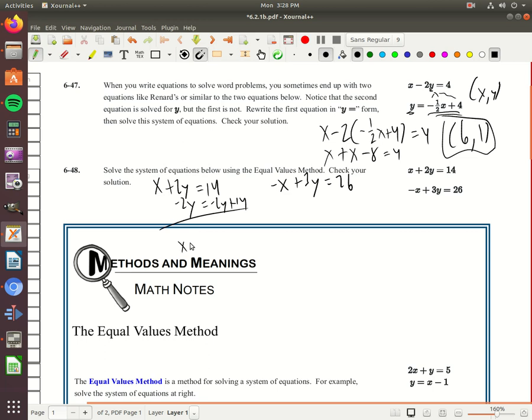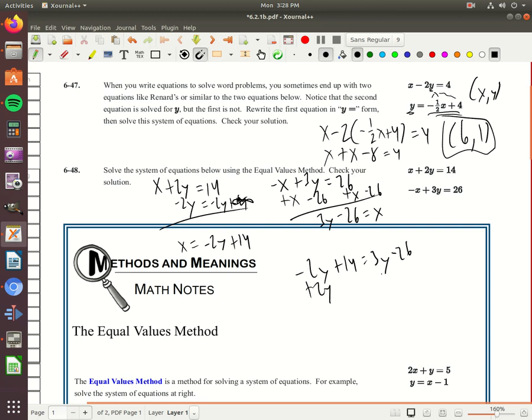So I know that x is equal to negative 2y plus 14. Here I know that x, if I add x to both sides and subtract 26, I'll get 3y minus 26 equals x. So then I could say, hey, look, they're both equal to x, so they must both be equal to each other.